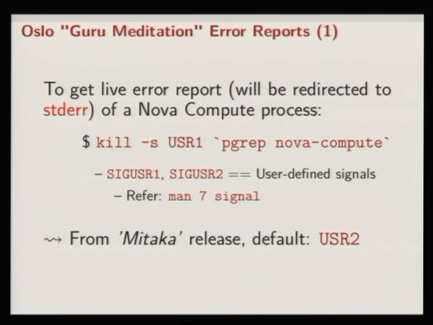With the introduction of this Guru Meditation report, you can now supply a user-defined signal, either SIGUSR1 or SIGUSR2, to a process with the kill command, and it will immediately generate a large report that can be examined.